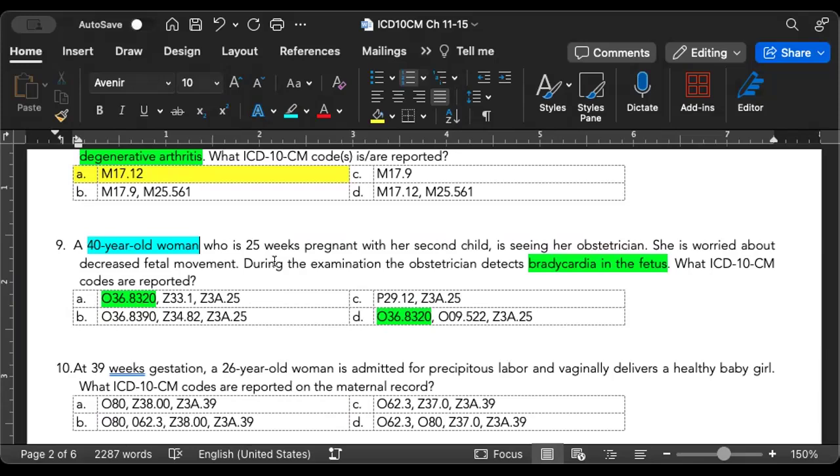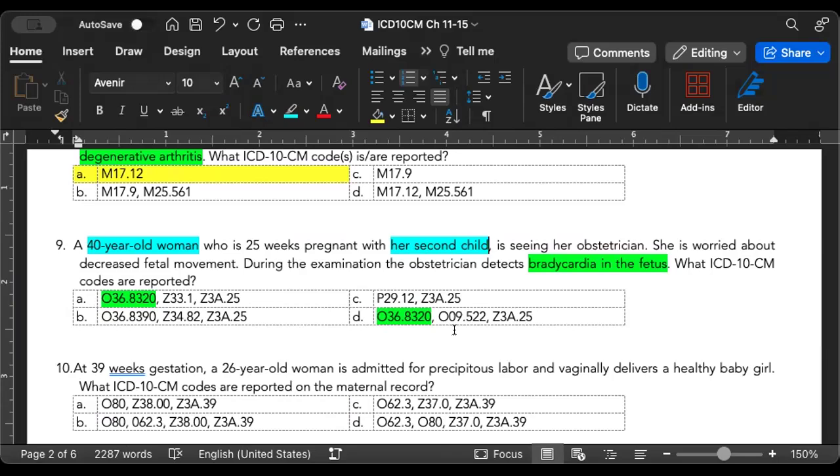I knew there was a word and I couldn't think of what it was. Multigravida is going to mean a second pregnancy, third pregnancy, and so on and so forth. Primigravida is going to be if they are a geriatric or elderly pregnancy with their first pregnancy. So in this case, because this is her second child, we are going to be multigravida.